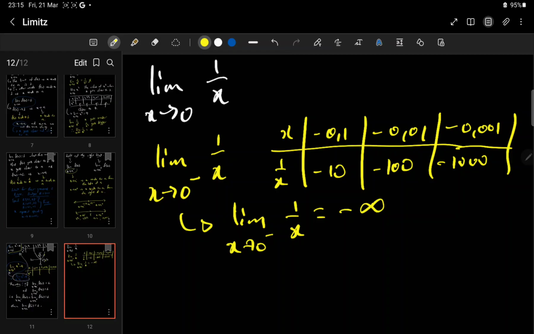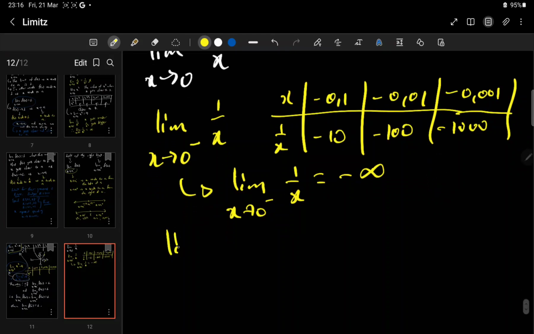Wait, that is very wrong to say, right? Because on the negative side, nothing is becoming bigger in the negative. It is becoming smaller. You get what I mean, right?